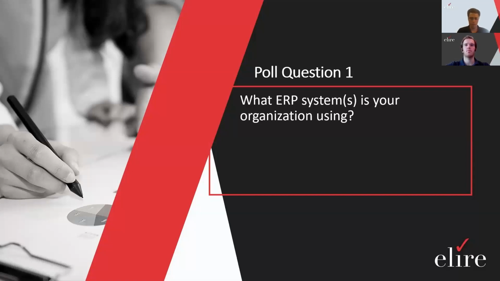And we're going to go ahead and close it out here. It looks like an overwhelming majority of you, about 94%, are currently using Oracle PeopleSoft. Back to you, Brandon.